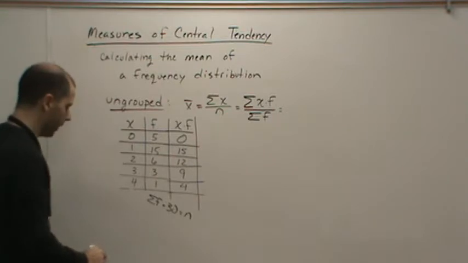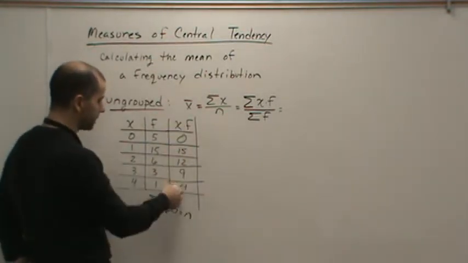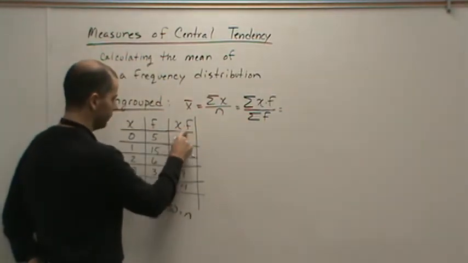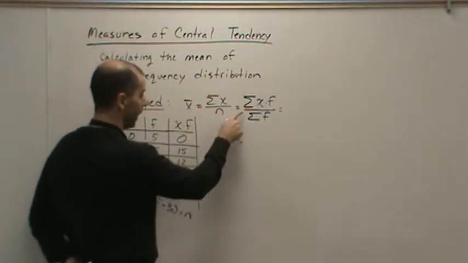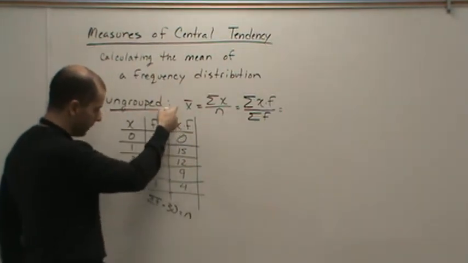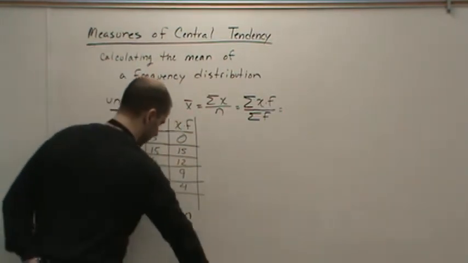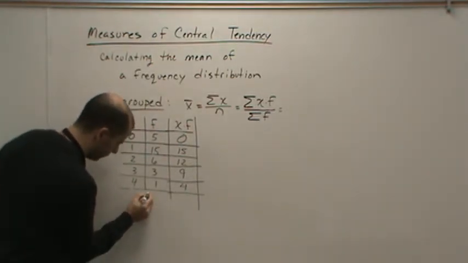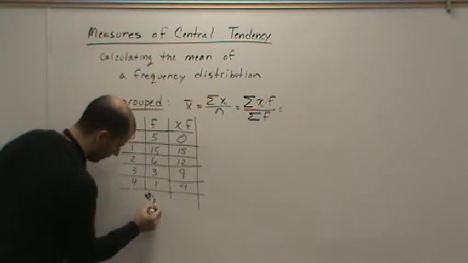Okay? So now what I'm going to do is I'm going to sum up these columns, because what am I doing? I'm taking all the products, here they are, here's the products, and I'm summing them up. That's what sigma means, I'm summing them up. So in other words, I'm summing this column. Okay? So, let me rewrite this so I have room. So here is the sum of the frequencies.